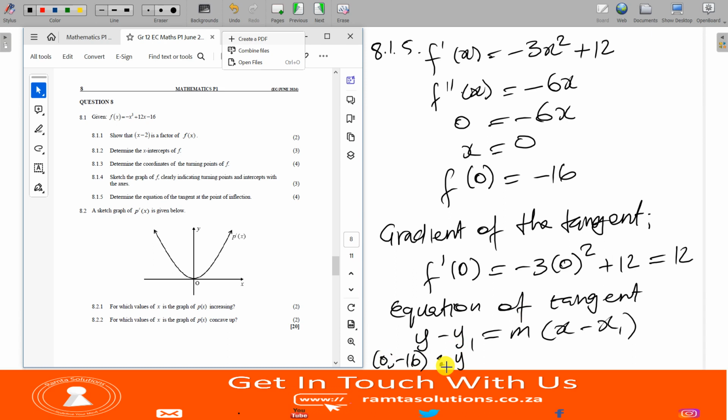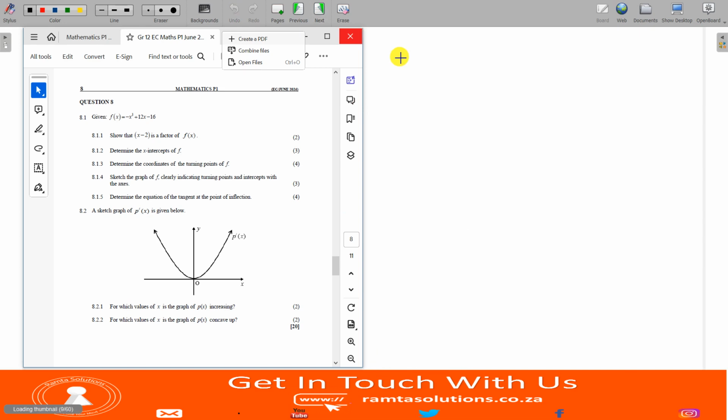So this is y plus 16 equals, what was the gradient? It was 12. What is x1? 0. So it'll be y plus 16 equals 12x. Therefore, our tangent has the equation y equals 12x minus 16.